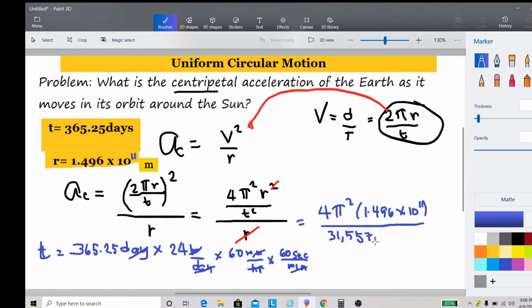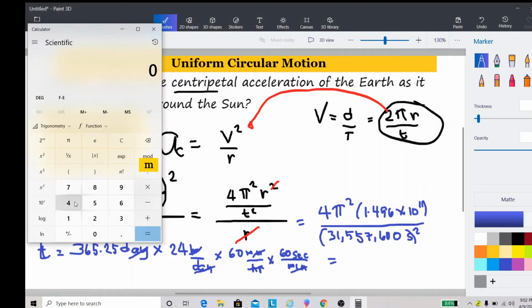So that is 31,557,600 seconds. We still have to square that one because this is t squared.